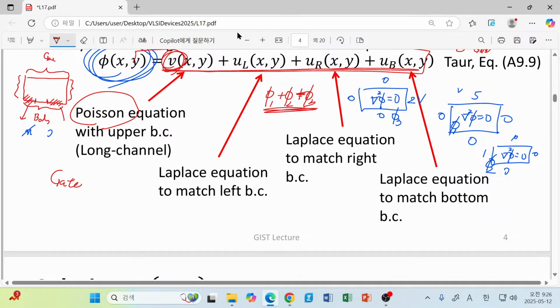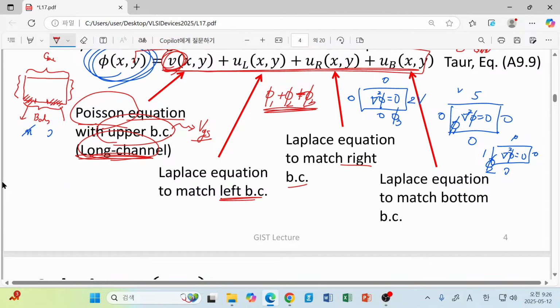The Poisson equation means that now we have a non-zero doping density inside our system that is considered by our Poisson equation, and the upper boundary condition is corresponding to the VGS related one. So just to consider the long channel part, after that only the difference from this long channel approximation is considered in the left side and right side. So let me just repeat once again.